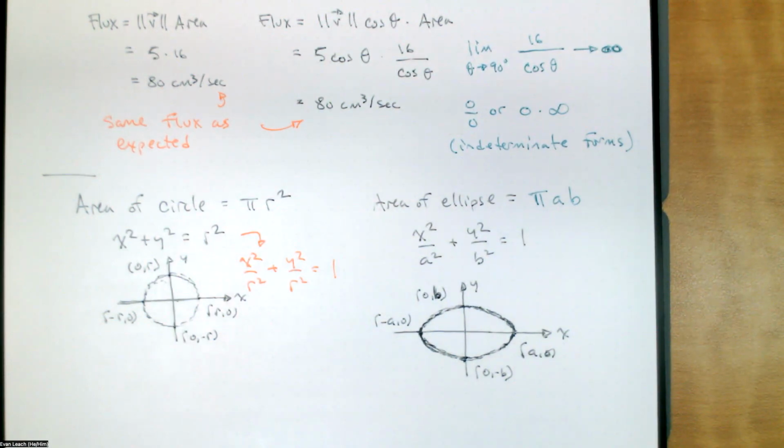So really when we talk about pi r squared, we are finding the area of an ellipse as well. It's just that in a circle, the horizontal and vertical radius is the same, and in an ellipse, they're different. But we're still just taking pi times the product of these two radii.